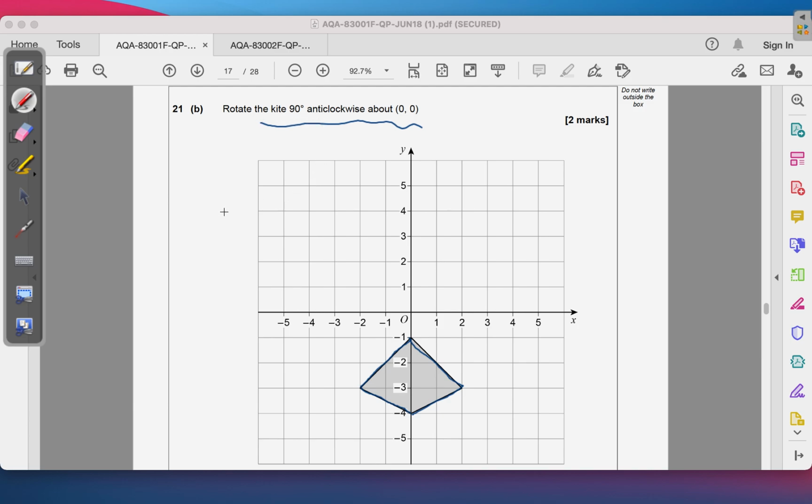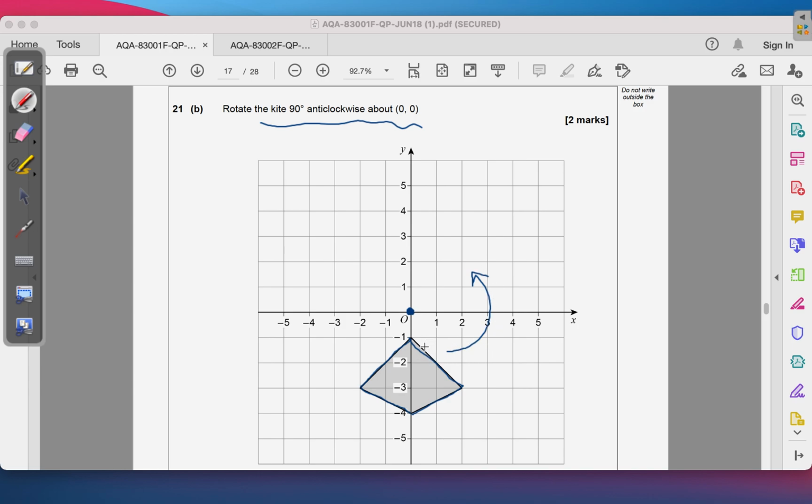Anti-clockwise is going in that direction, about 0, 0. That means you put the tracing paper here, having drawn over the top of the shape, and you hold your pencil down on this point, using your pencil as an anchor to hold the paper down whilst you rotate your tracing paper this way by 90 degrees.